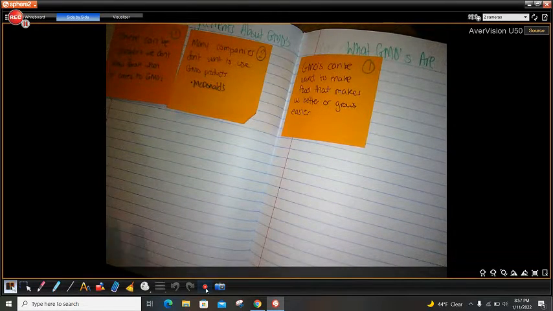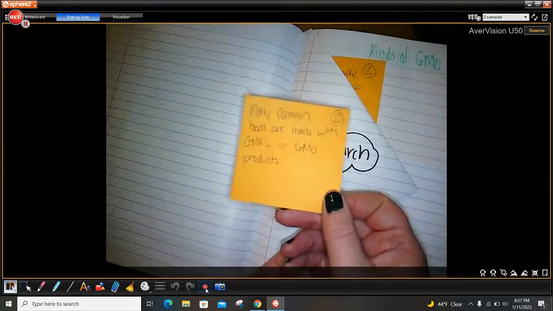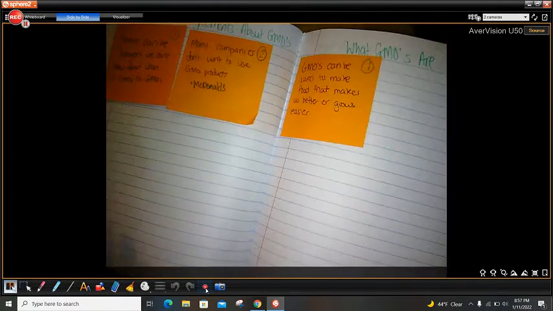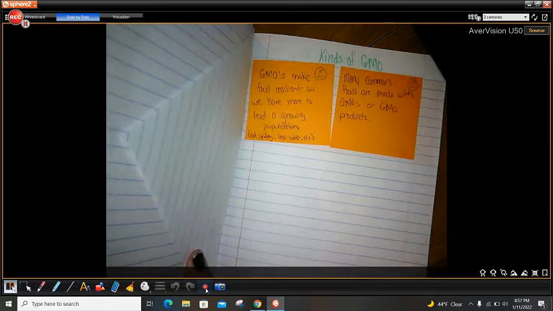And then there's another one I picked up just from the front that wasn't necessarily something that was stated, where it says that I put many common foods are made with GMOs or GMO products from all those pictures. So how it works, what GMOs are. I'm going to put this under kinds of GMOs because I think that that's talking about where you would find a GMO.